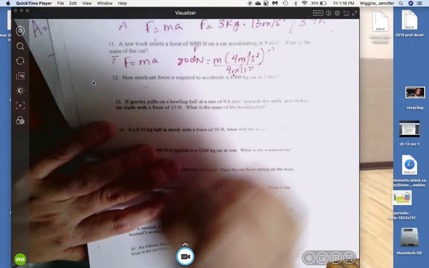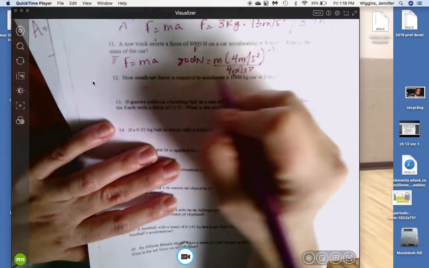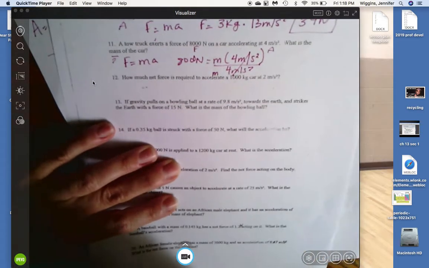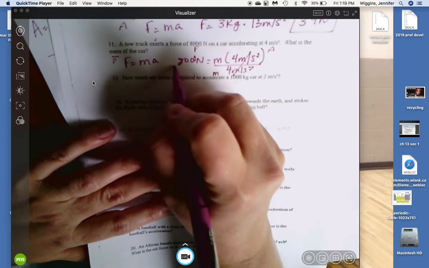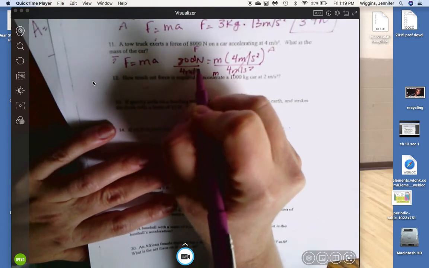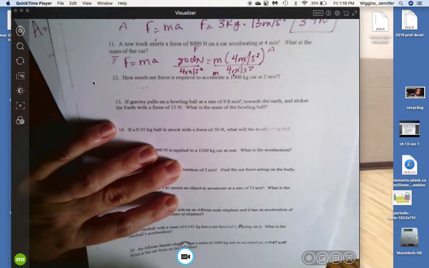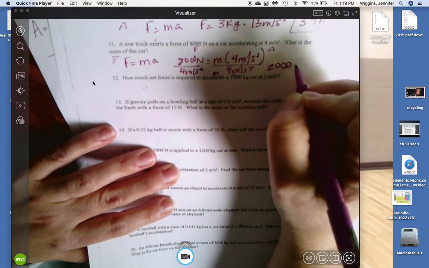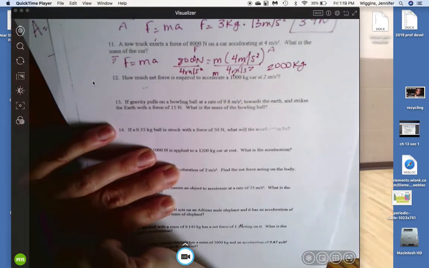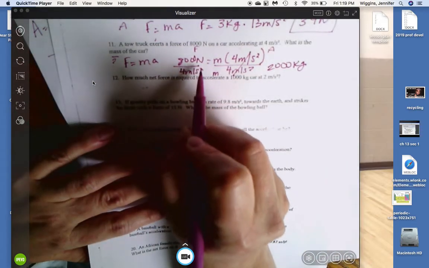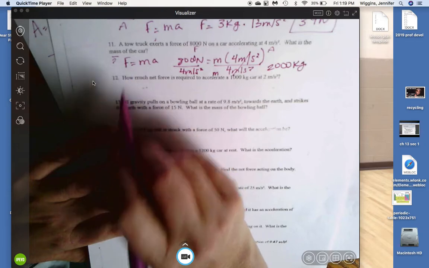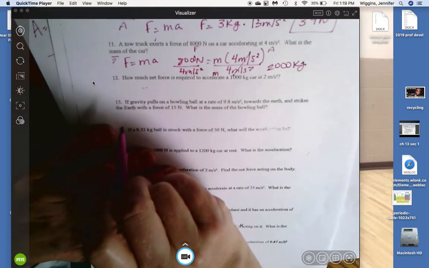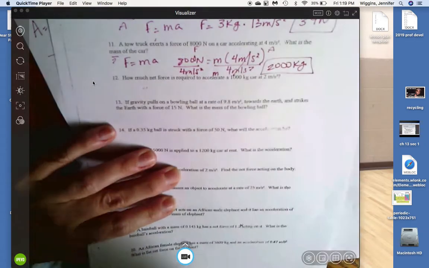So these cancel, and then 8,000 divided by 4 meters per second squared gives me 2,000 kilograms, because a newton per meter per second squared is equal to a kilogram. All right, so here's my answer.